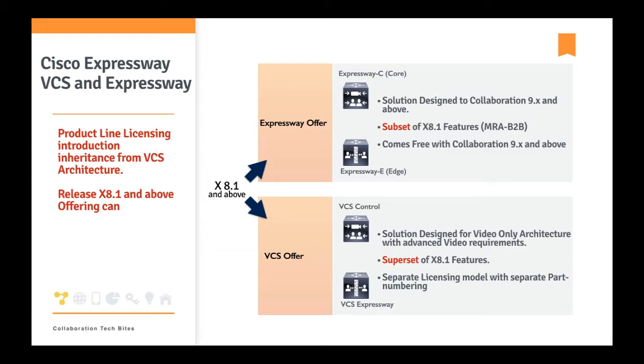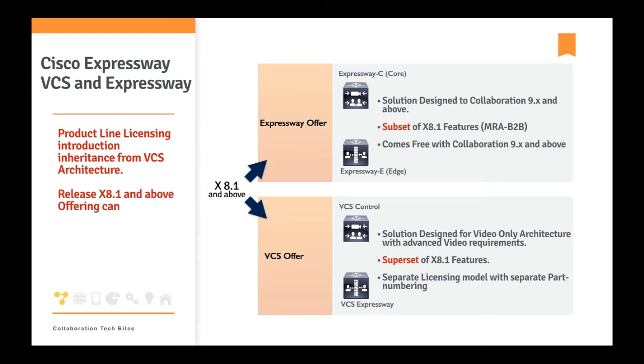That's why the Expressway offer is designed for customers that have Cisco Unified Communication Manager 9.x and above. It's a subset of the features of the VCS counterpart, at the same 8.1 version, and it's directed mainly at mobile and remote access and business-to-business.